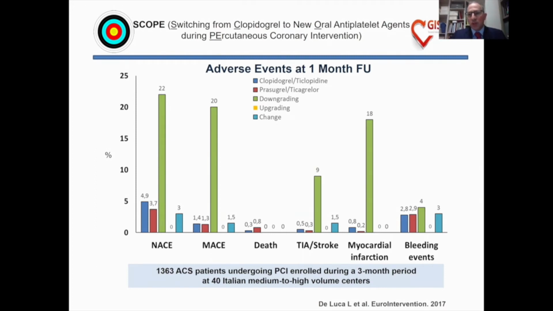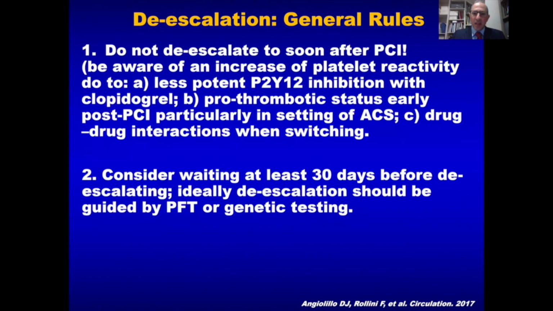So definitely we would not want to put ourselves in this position, particularly if we have a patient recently treated with two stents for bifurcation in the setting of acute coronary syndrome. The second rule that we should consider is to wait at least 30 days before de-escalating. And ideally, de-escalation should occur when guided by platelet function or genetic testing, as I already mentioned before.